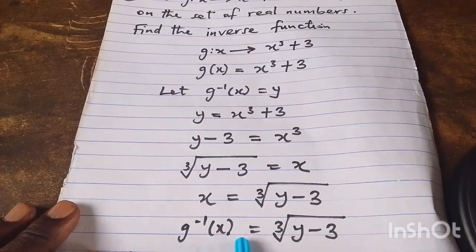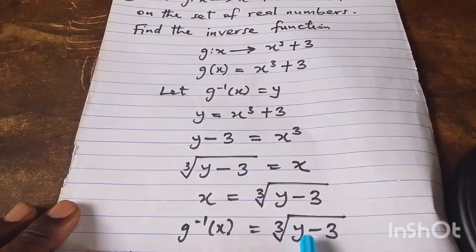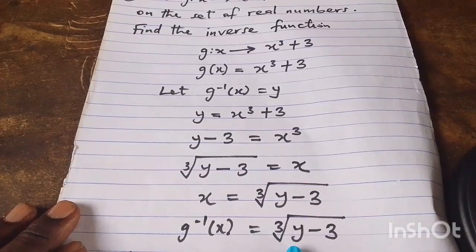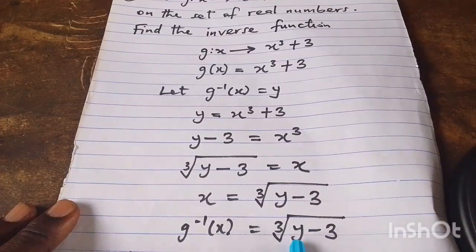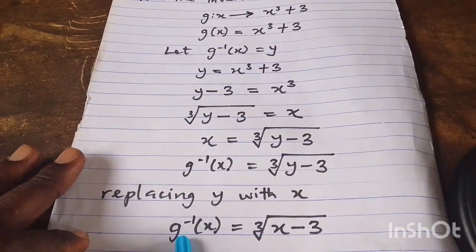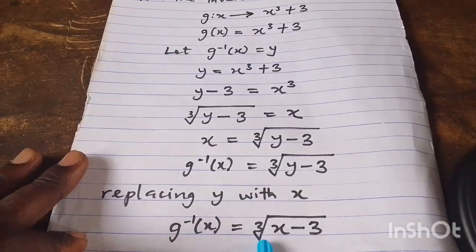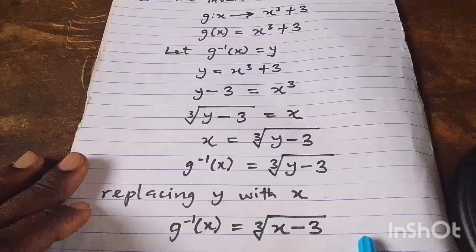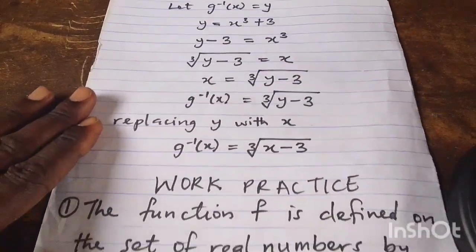If you want to write the inverse in place of x, wherever you see y, you are going to replace it with x. So the inverse of g is now the cube root of x minus 3. Now look at the work practice.